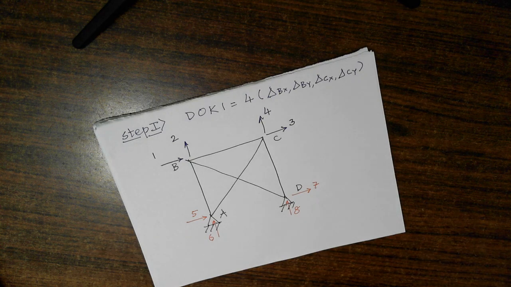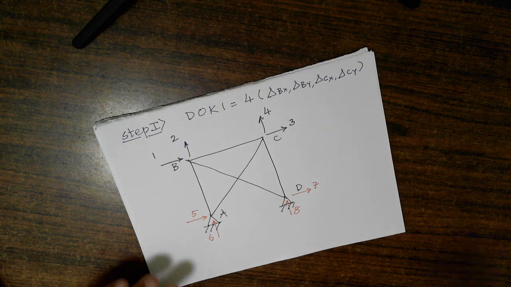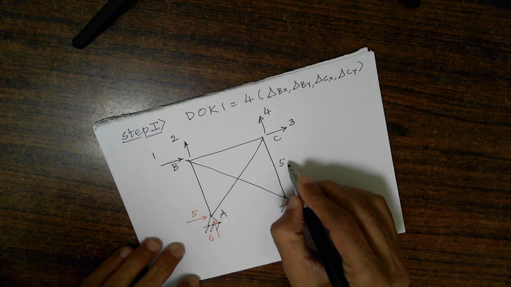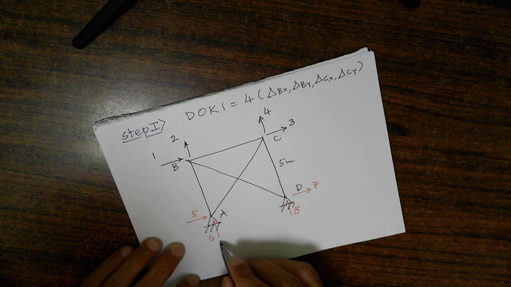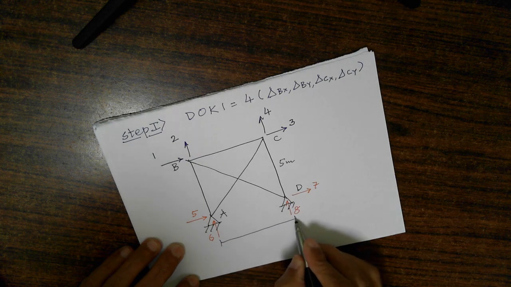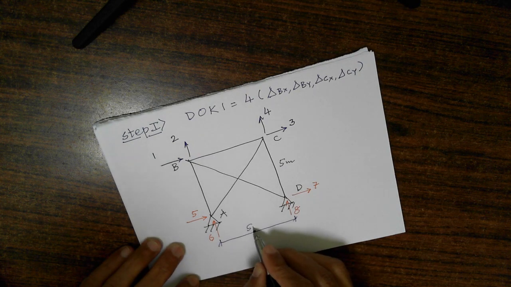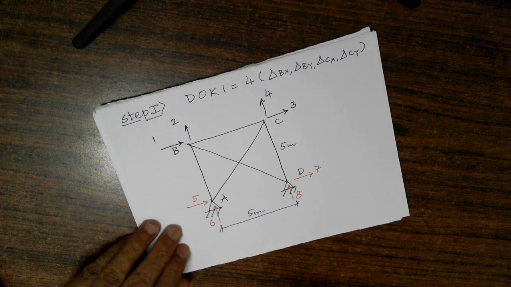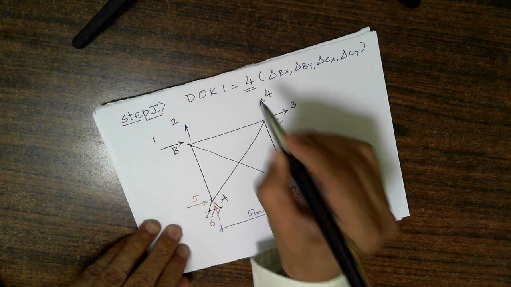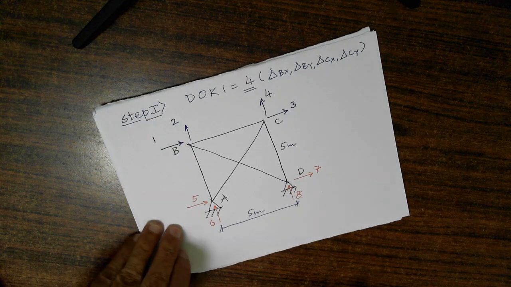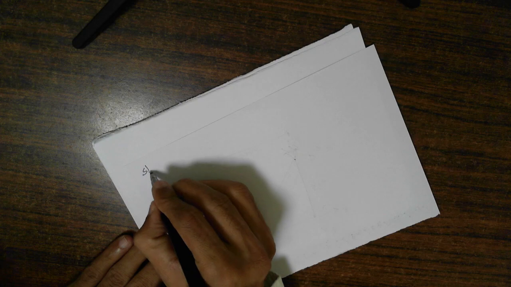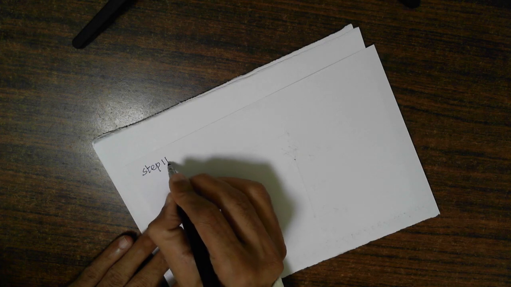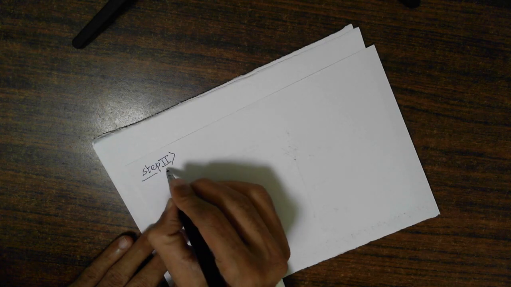Now next is joint data and member data. I know this length is 5 meters and this length is also 5 meters. It is given that the lengths are 5 meters and 5 meters. So my step 2 is to write joint data and member data. The degree of kinematic indeterminacy, the first step, of this structure is 4. Next, step 2 is joint data and member data.